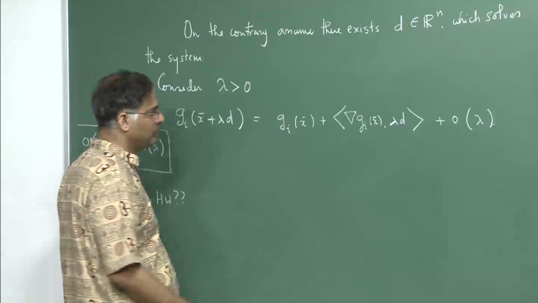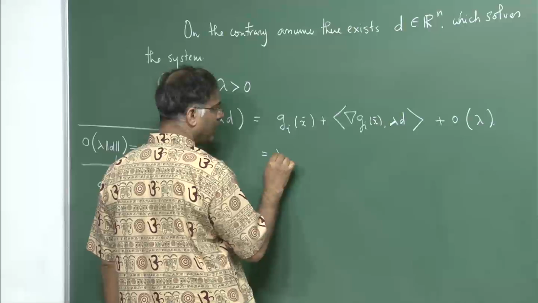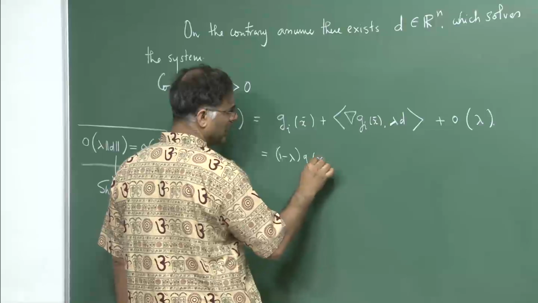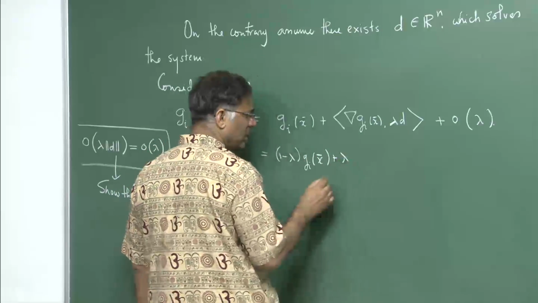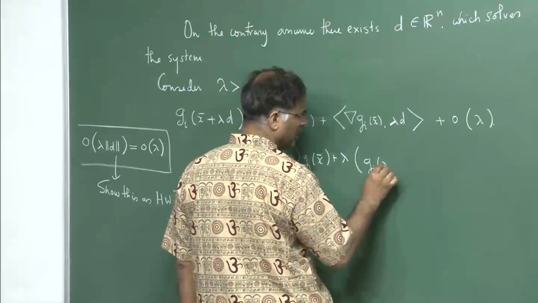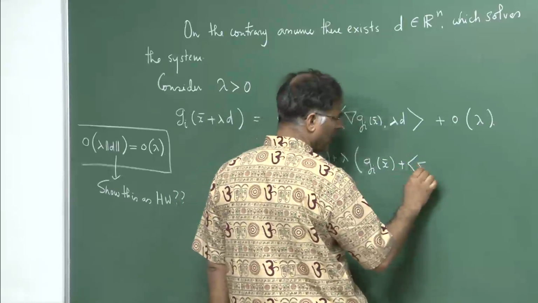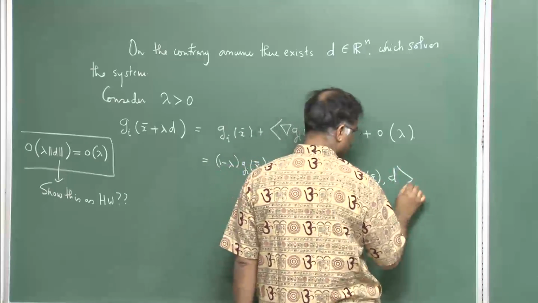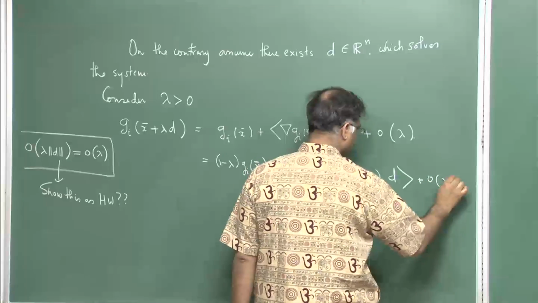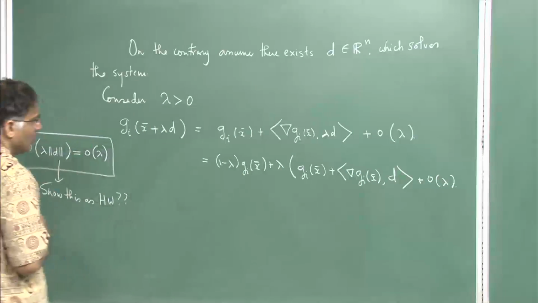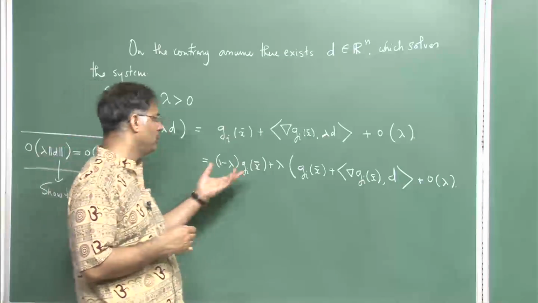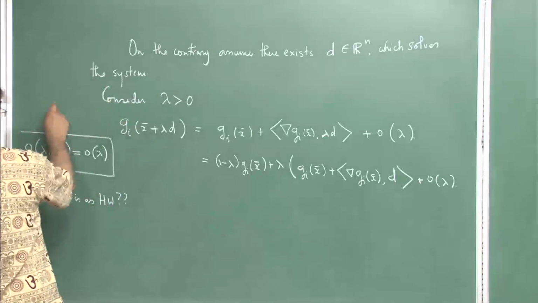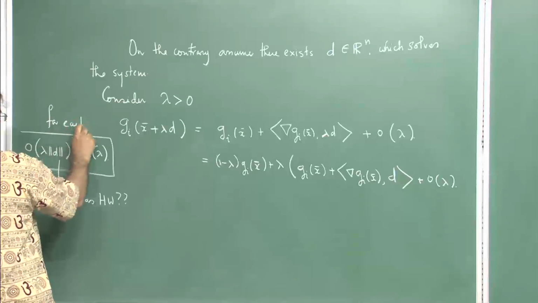Now, what I do here is break it up as 1 minus lambda times Gi of x bar plus lambda times Gi of x bar plus grad Gi. Since x bar is a solution to the problem, Gi of x bar is less than or equal to 0 for all i, for each i this is true.